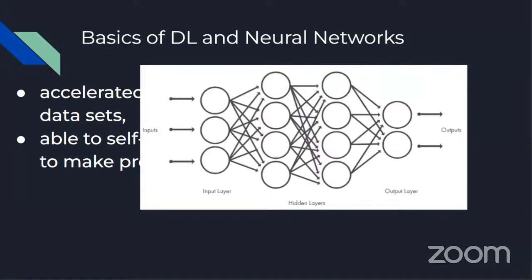Let's suppose you're classifying mails into spam and non-spam. You can have one input, you can have two inputs, spam or not spam, right? And then in between these two layers, there are hidden layers. When there are n number of hidden layers and the structure is very complex, then it becomes a deep neural network.